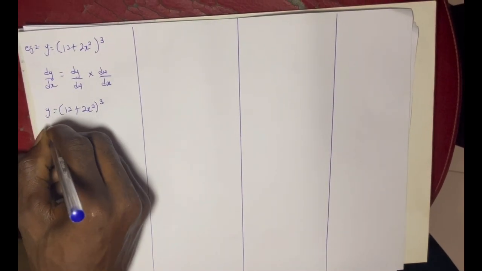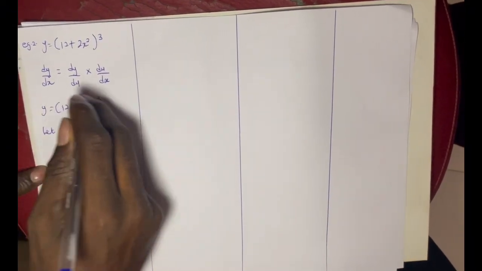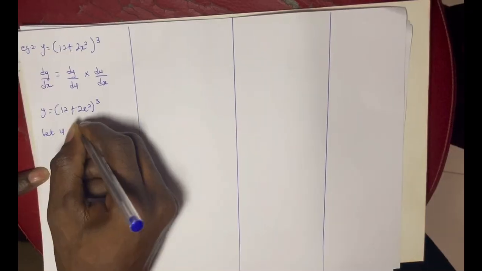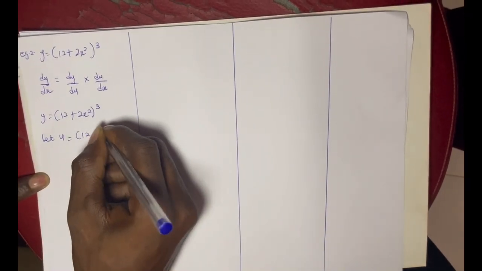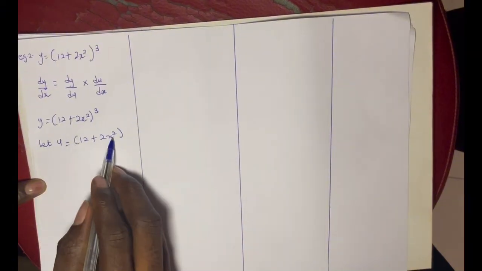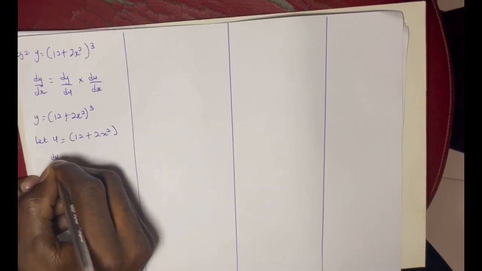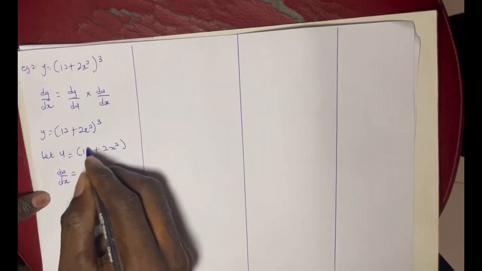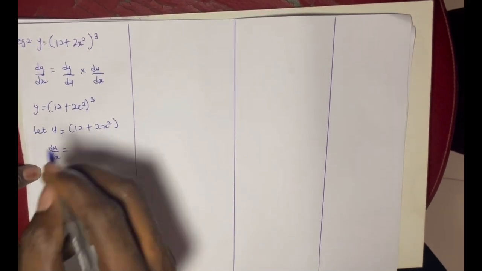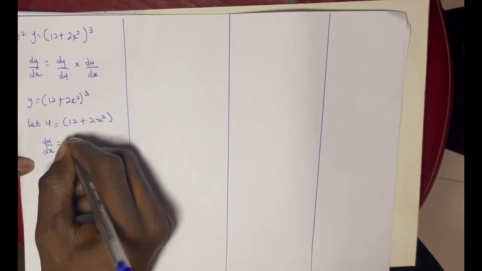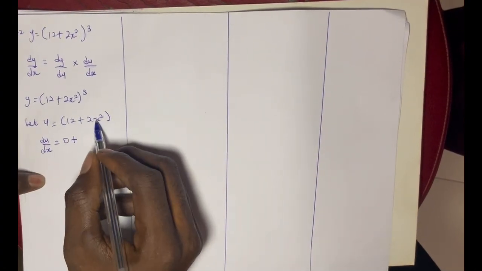Let the one in the bracket be u, so let u equal 12 plus 2x squared. So we are finding u with respect to x. So that would be du/dx. When you differentiate a number with no variable, it is 0. 0 plus, this is 2x squared.